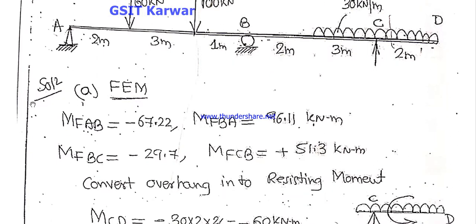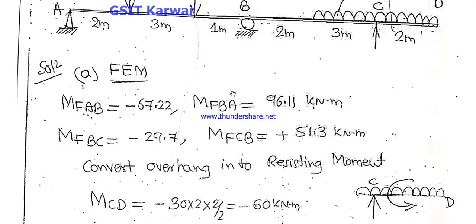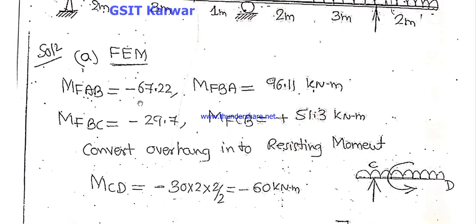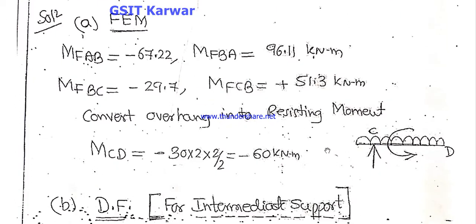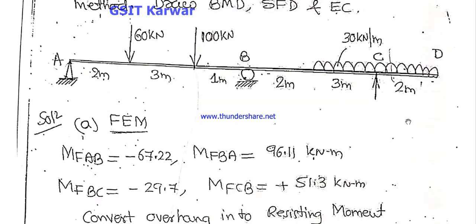Yes, the solution. The very first step is calculation of fixed end moments. We know the formula according to the loading condition, so you can use the formula and calculate the fixed end moment. But here the span CD is there, no? It is an overhanging span.